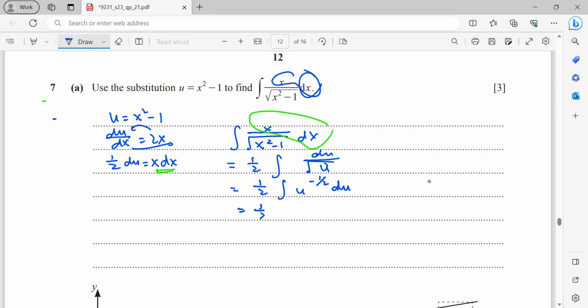Then integrate this: minus half plus 1 is half, then over half, plus c. The half will be cancelled off, then you get square root u plus c. Replace the u by the quadratic. That's the answer for this question.